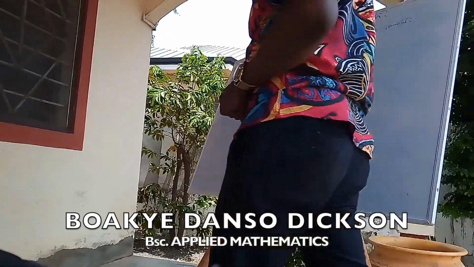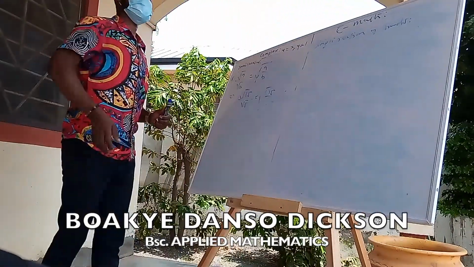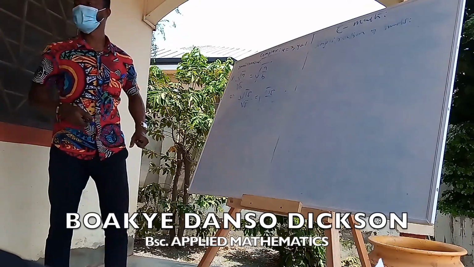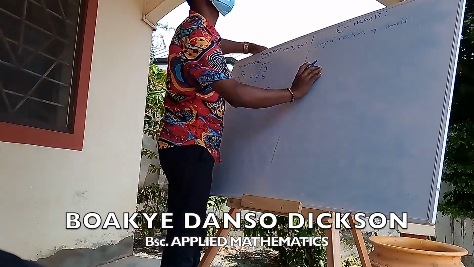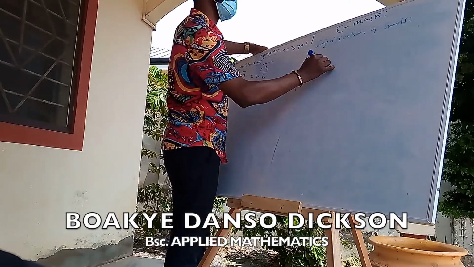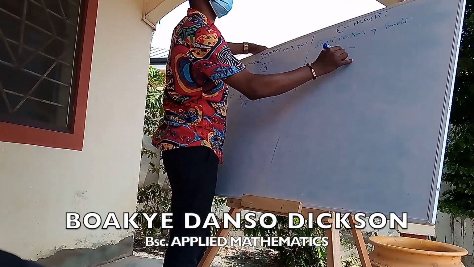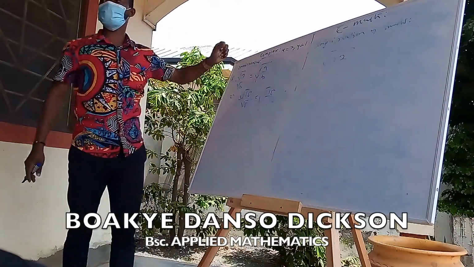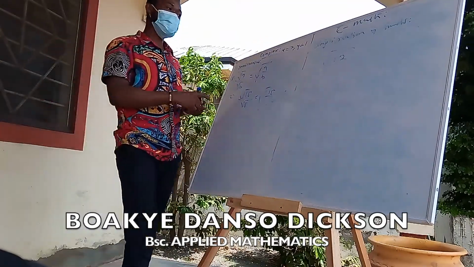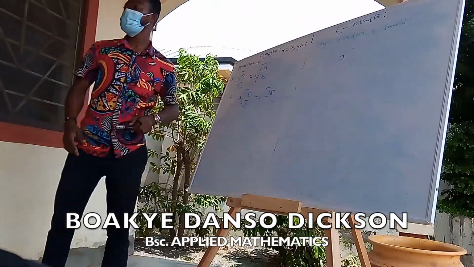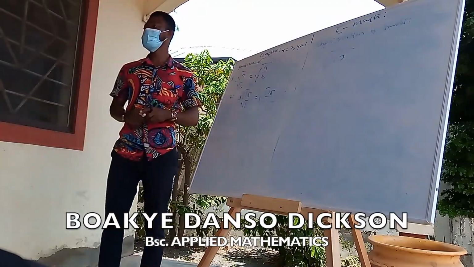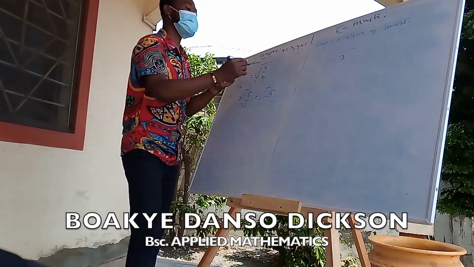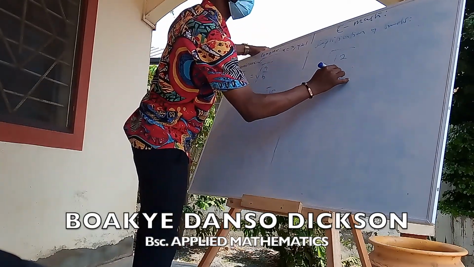For example, let's say I have root 12. I want to simplify this. Now I know that obviously I can break 12 to get a perfect square unit. So what would that be? 3 times 4. So I have root of 3 times 4.